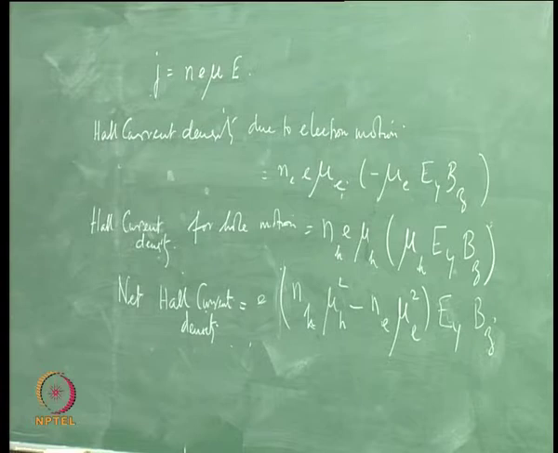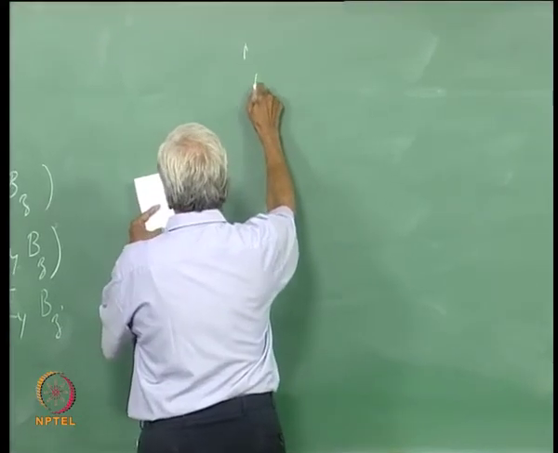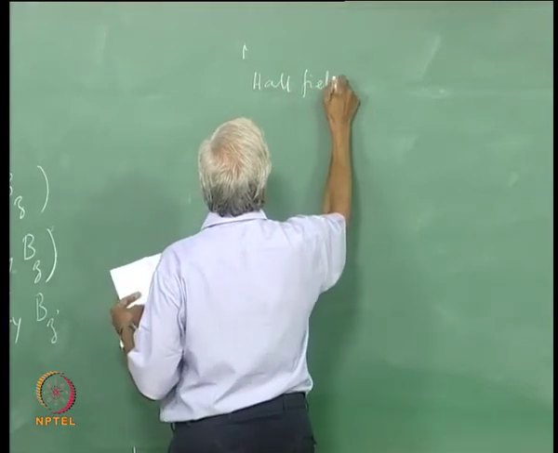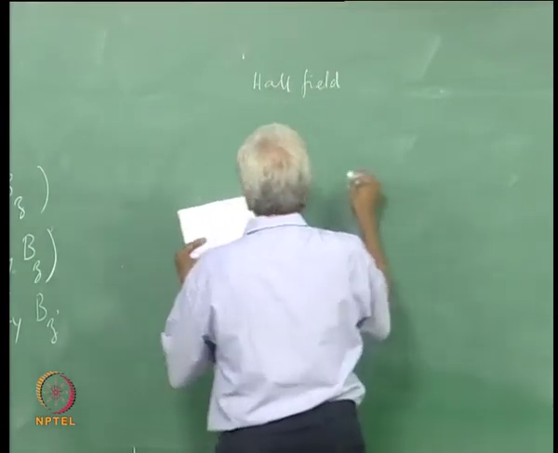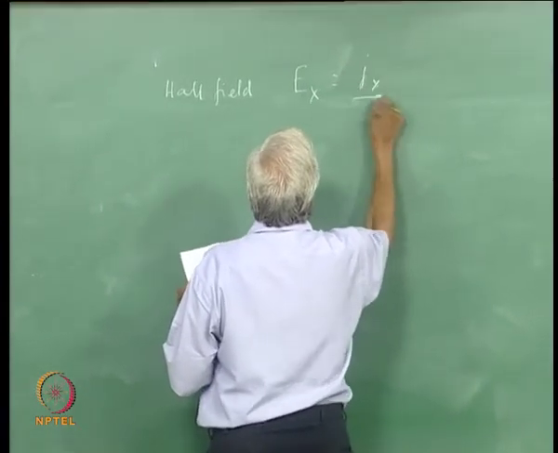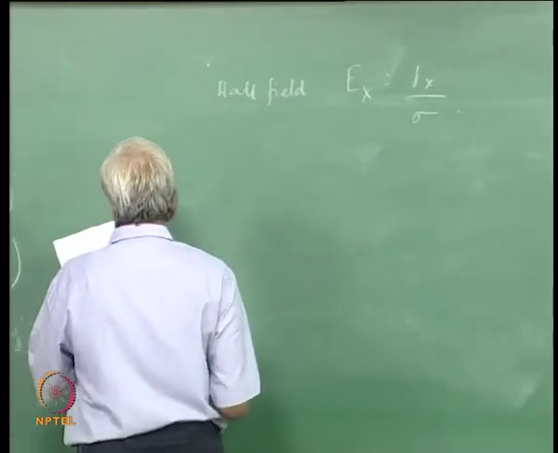So, this Hall current density will result in a Hall field due to this current density, and that is E_x = J_x/σ by Ohm's law again.